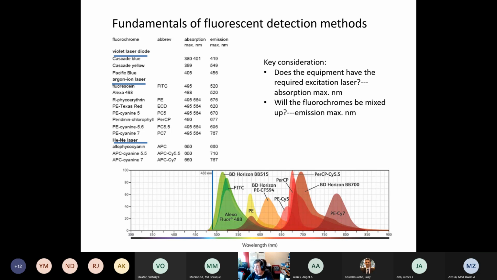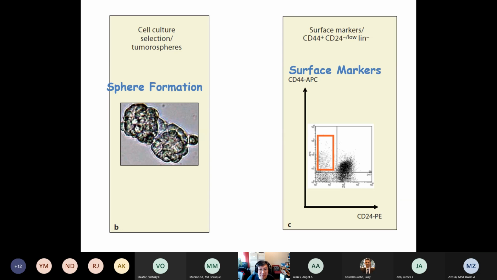You need a light source to excite your fluorochrome, and then you have to use a filter to capture the light. Now here, there is some practical consideration. For example, in the previous slide, you want to detect CD44 and CD24, and then you want to label these two proteins with antibodies, but you have to use two different antibodies.